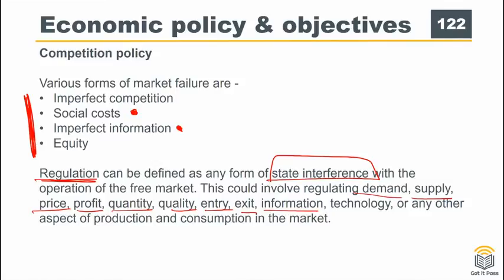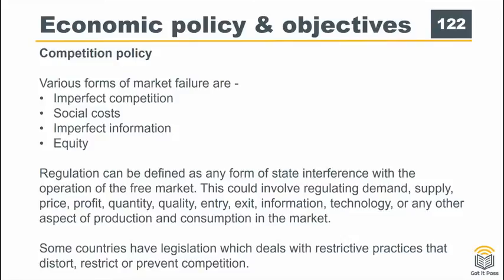Because they found there's market failure in which the free market cannot work well for the benefit of the public. And some countries have legislation which deals with restrictive practices that distort, restrict, or prevent competition. Maybe the government steps in, for example, like oil and gas.